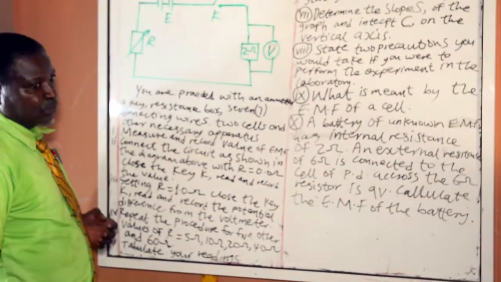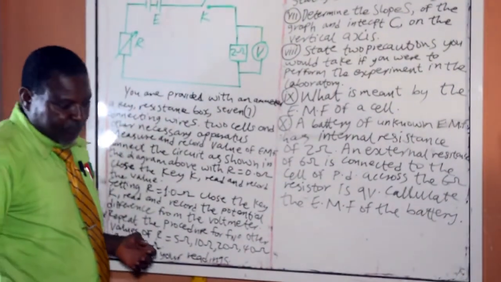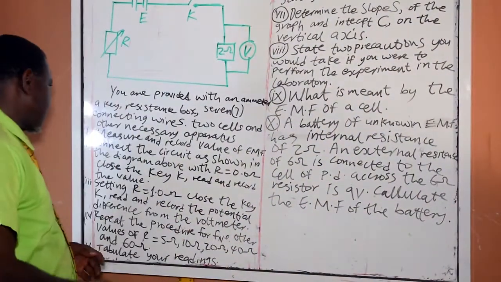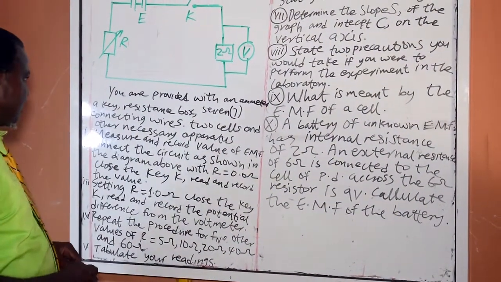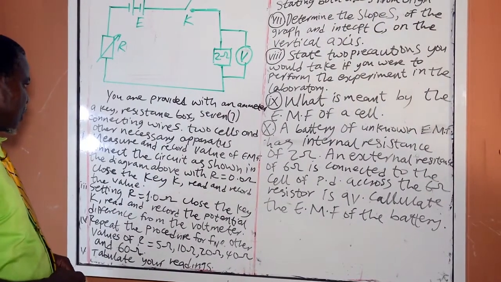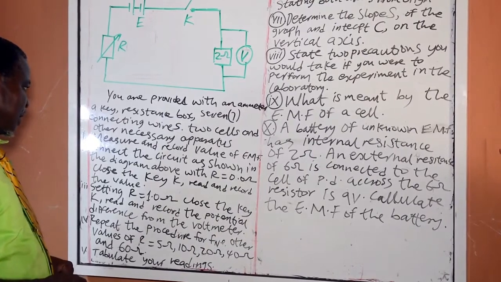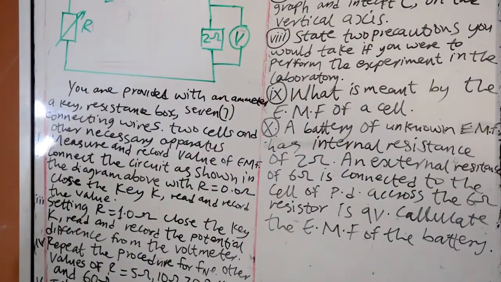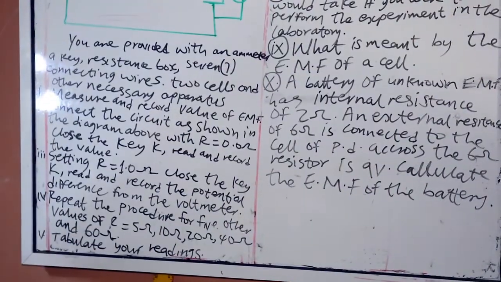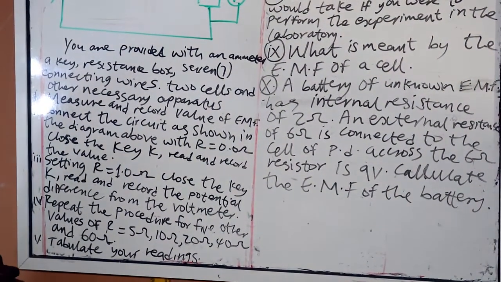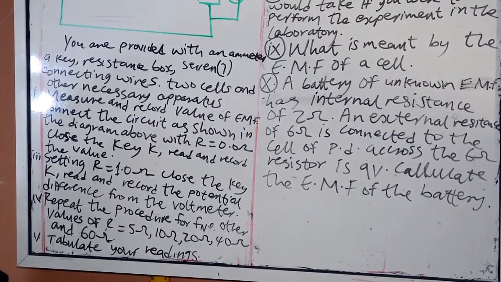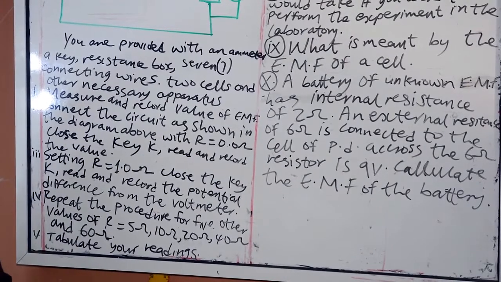Number 1, measure and record the value of EMF. Connect the circuit as shown in the diagram above with R equal to 0.0 ohm. Close the key K, read and record the value. Set R equal to 1.0 ohm, close the key K, and read and record the potential difference from the voltmeter.